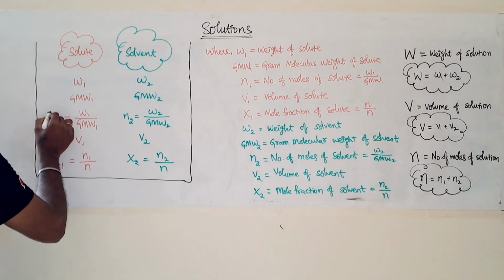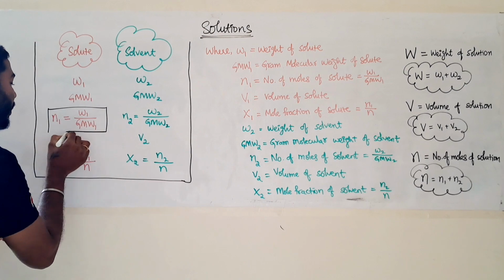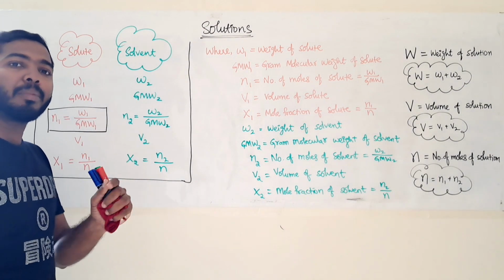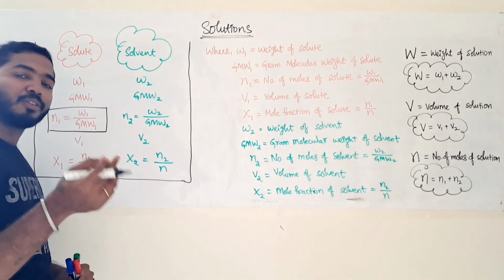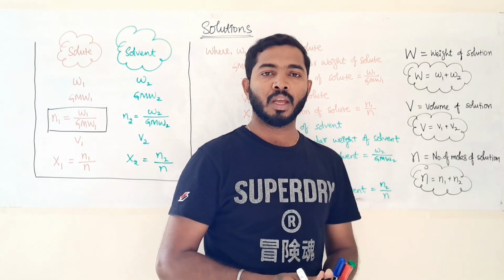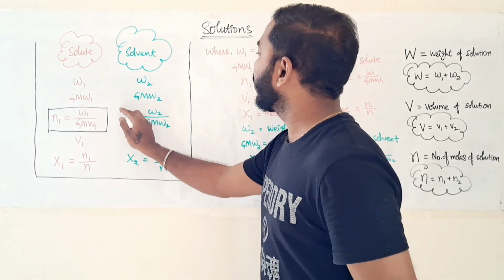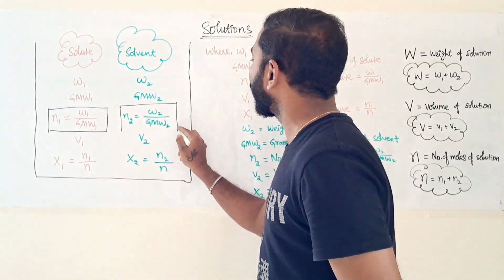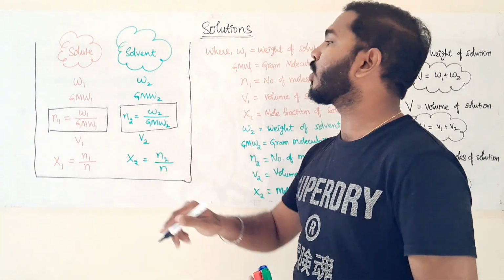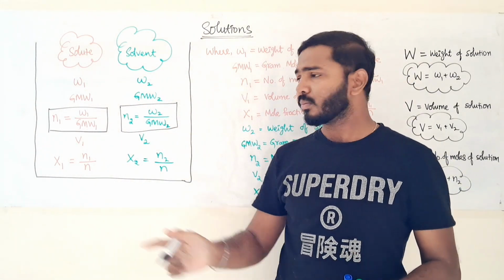This is very important to remember. Number of moles can be defined as weight of solute by gram molecular weight of solute. If we want to define the number of moles of solvent, that is weight of solvent by gram molecular weight of solvent.